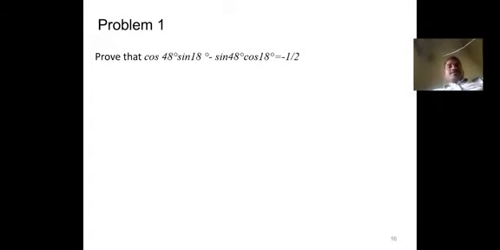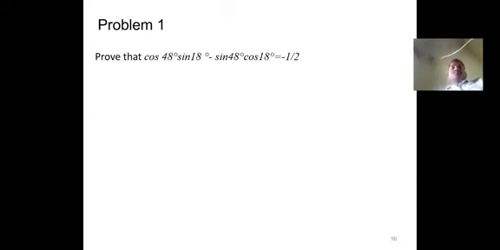Now the problems based on this. Prove that cos 48 degrees sin 18 degrees minus sin 48 cos 18 degrees is equal to minus 1 by 2.